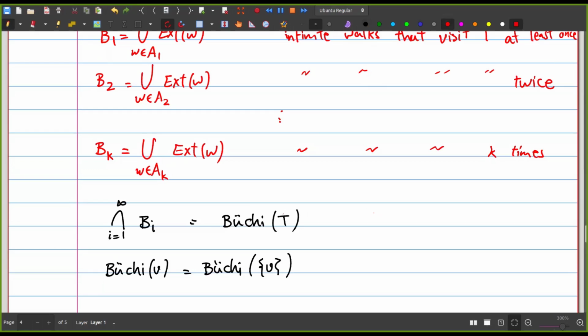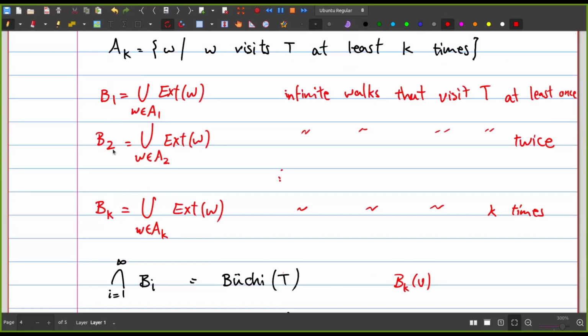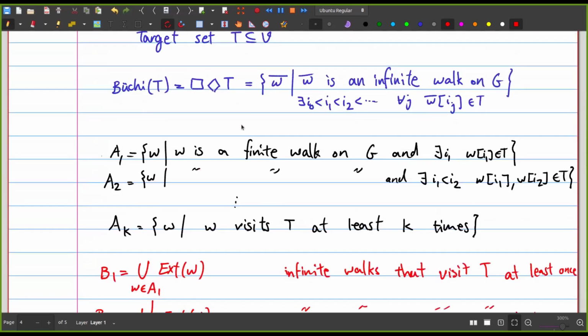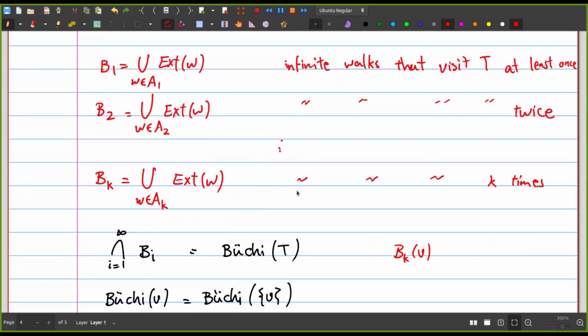Now I'm also going to extend my notation a little bit, and write things like BK of V. What I mean is this set BK when my target set was just the vertex V. So I write BK of V, which is just this set BK when T has only one vertex in it, and that one vertex is V.